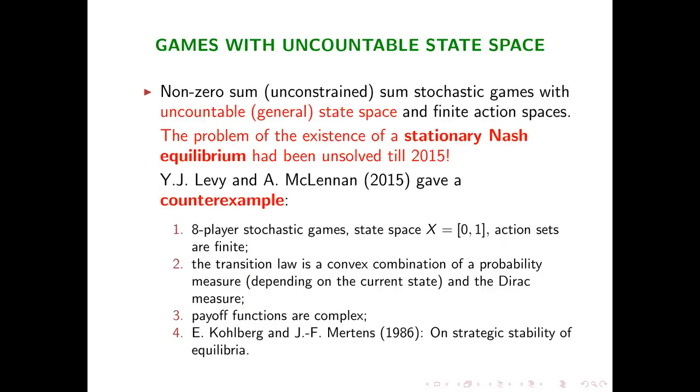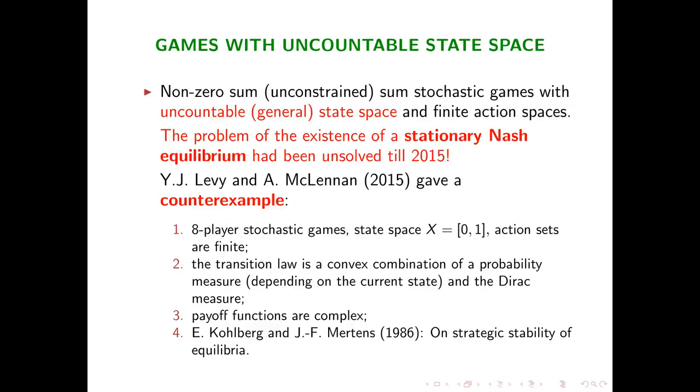And now let me move to the games with uncountable state space. First, I would like to say something on games without constraints. So I mentioned the last result that was proved by Federgruen. He showed the existence of a Nash equilibrium for games with countable infinite state space models.